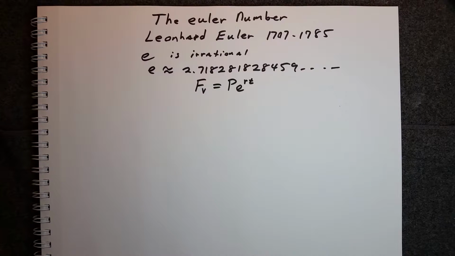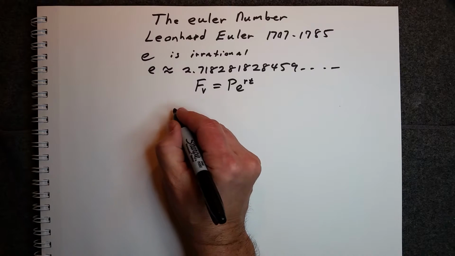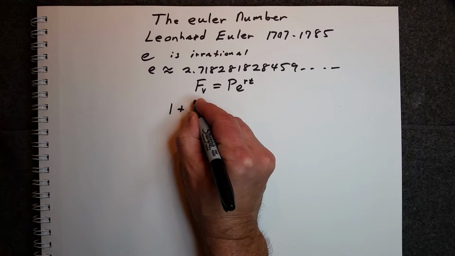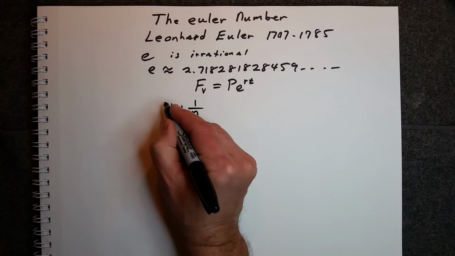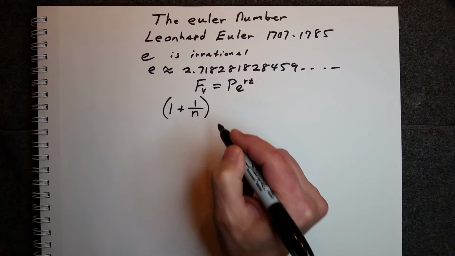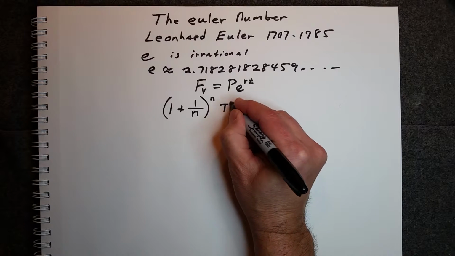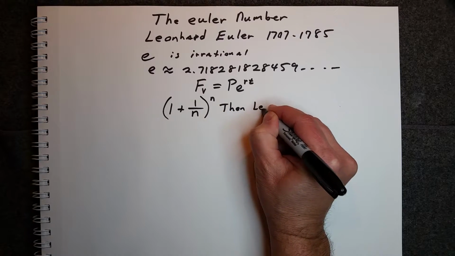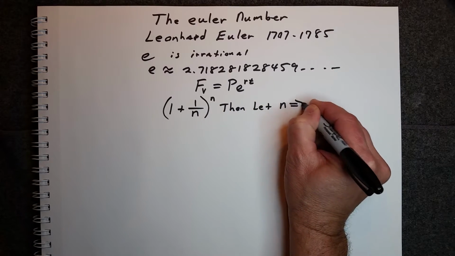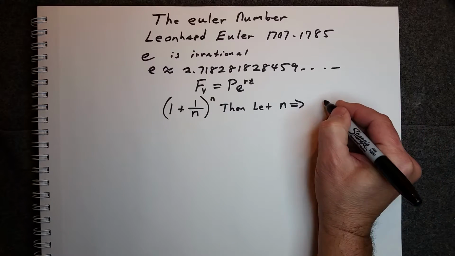So real quick, where does this Euler number come from? Well, we simply take 1 plus 1 over n, and we raise that to the nth power, and then we let n take off to infinity.